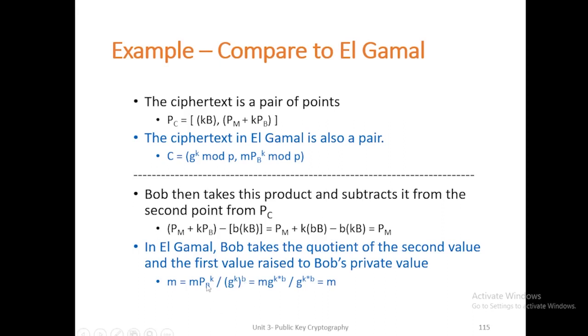And this PB can be rewritten as G power B. So it will be rewritten as M into G power BK divided by G power KB. If you cross check it, the answer is M. So this is the way you can do it.